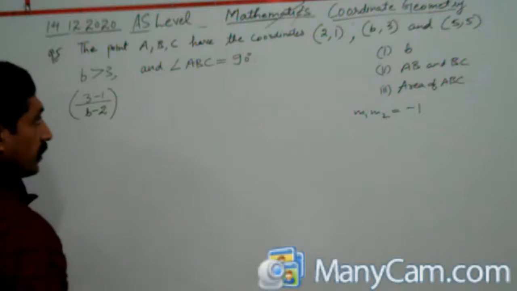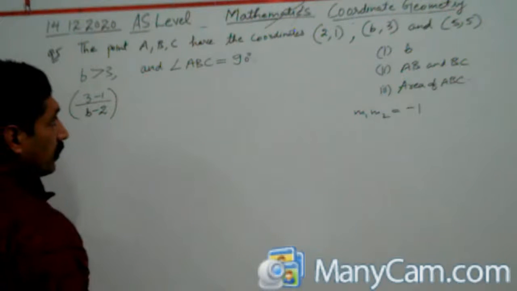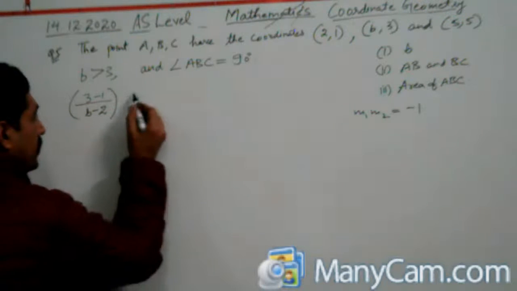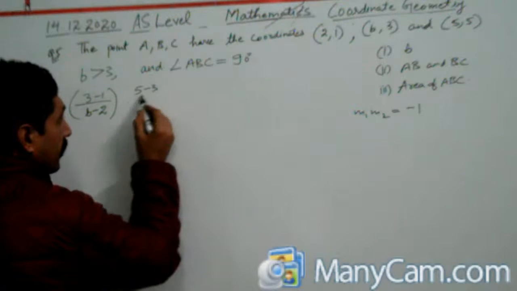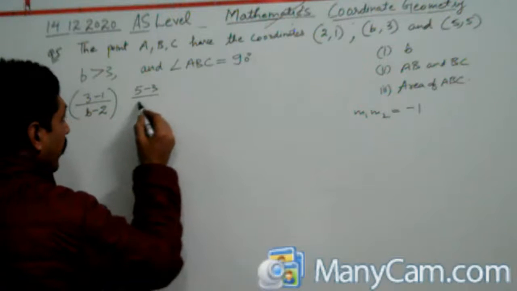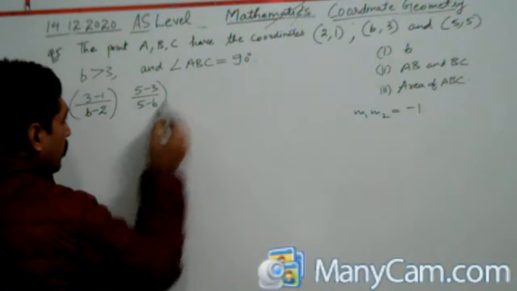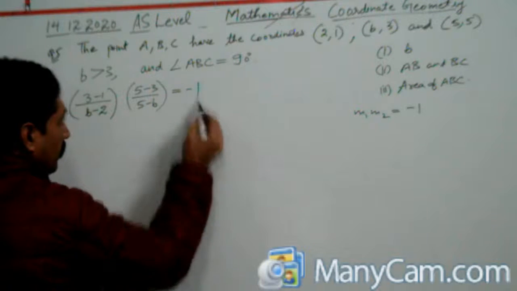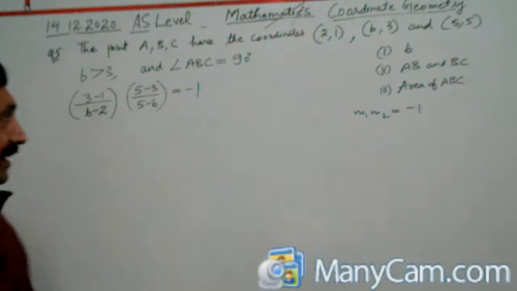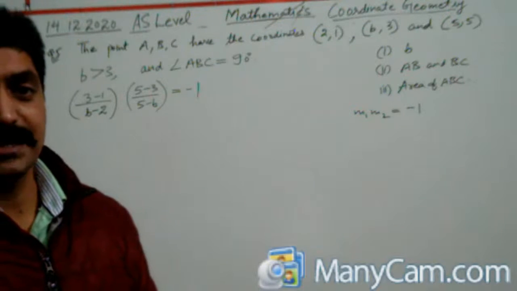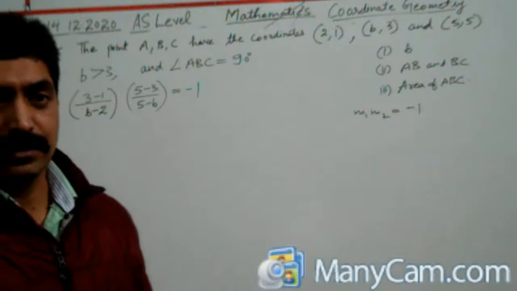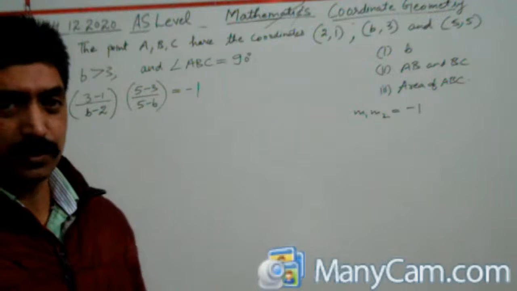Into 5 minus 3 upon 5 minus b is equal to minus 1, right? Because point B is a right angle. So we are applying m1 into m2 is equal to minus 1.